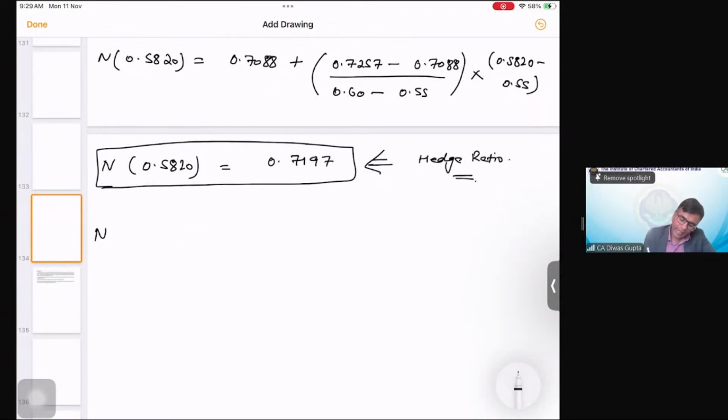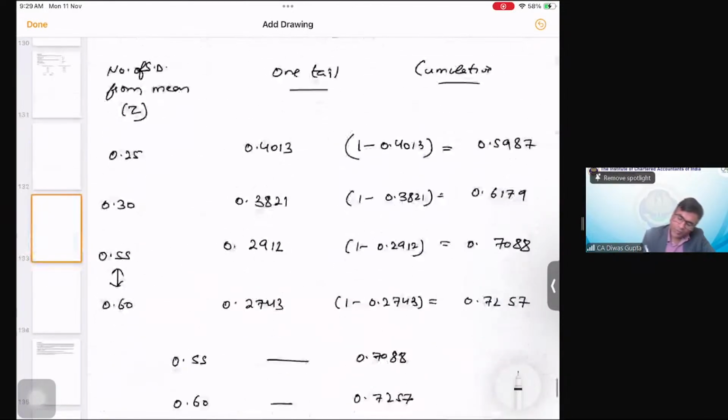Then for ND2, 0.2992 will become 0.5987 plus. For this 0.2992, we will use the interval between 0.25 and 0.30.